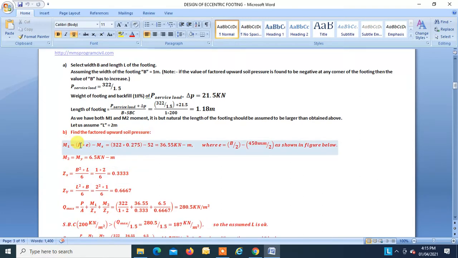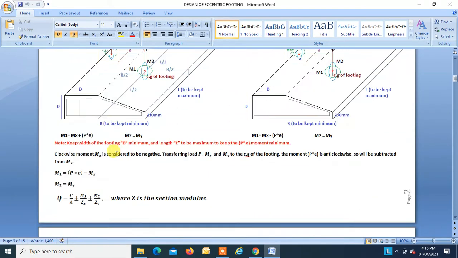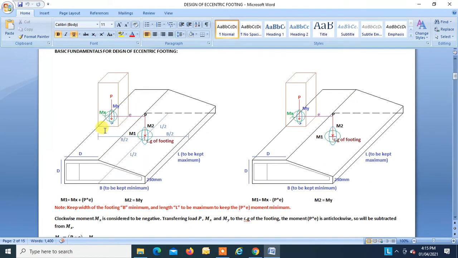So M1 we know, M1 is equal to P into e minus Mx. P is 322. E in our case is B by 2 minus half the depth of the column, that is 450 mm divided by 2.